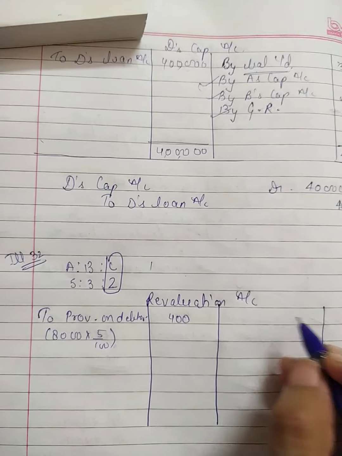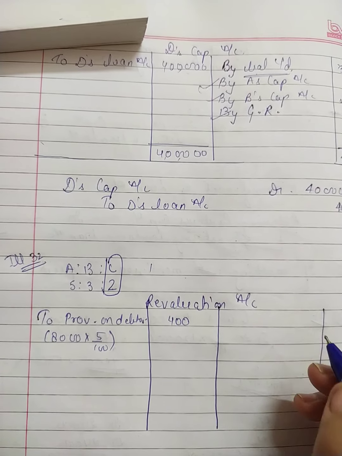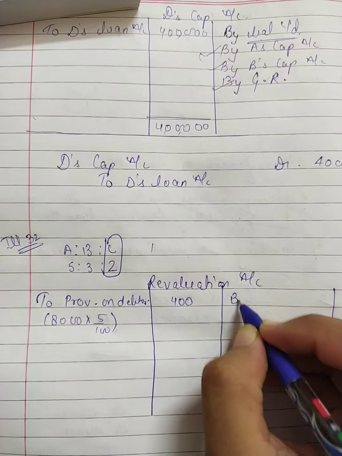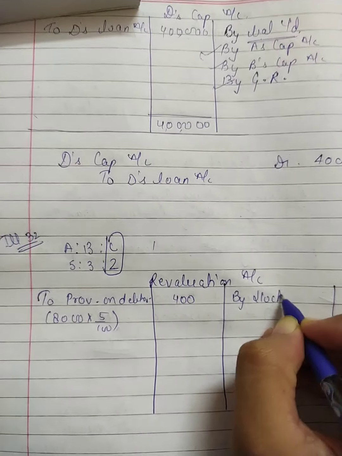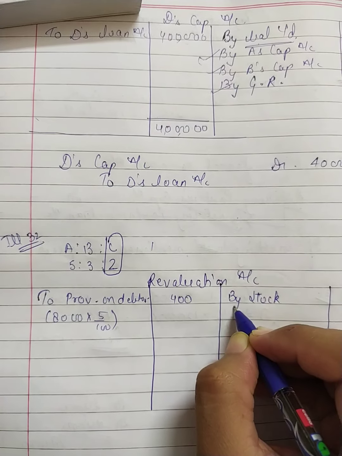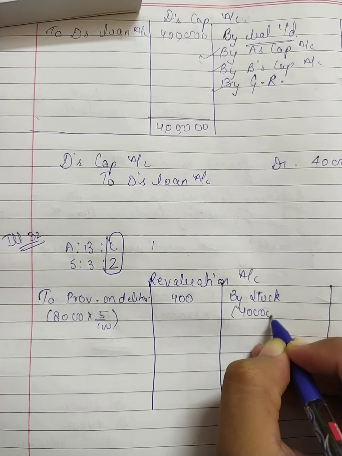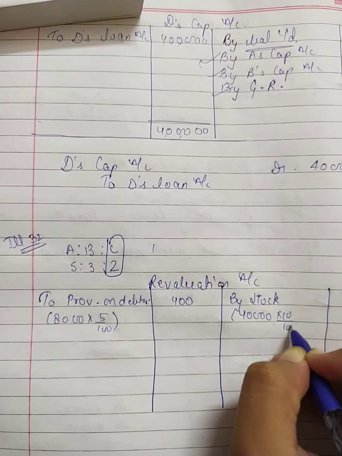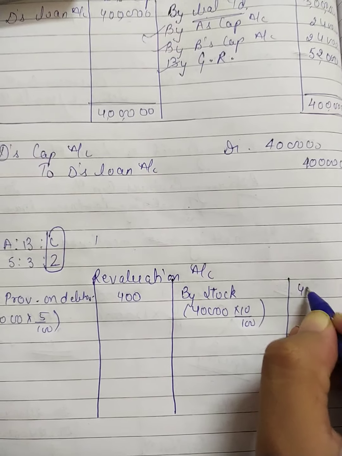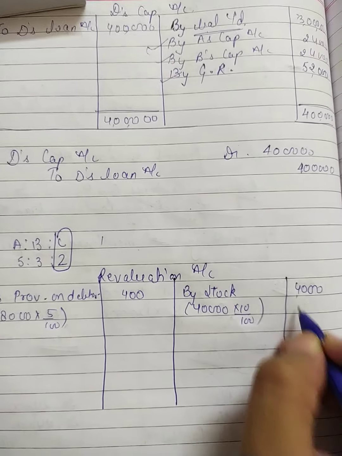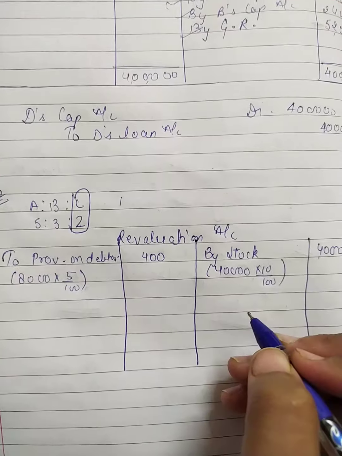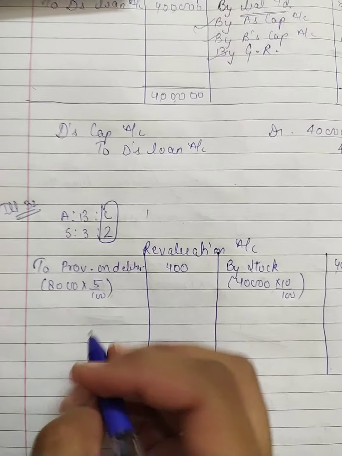After that, the transaction is stock be appreciated by 10%. So it will become by stock, and the stock value is rupees 40,000, and it will be appreciated by 10%. It means its value has been increased by 10%, that is 4,000. Next one is that patents are valueless.